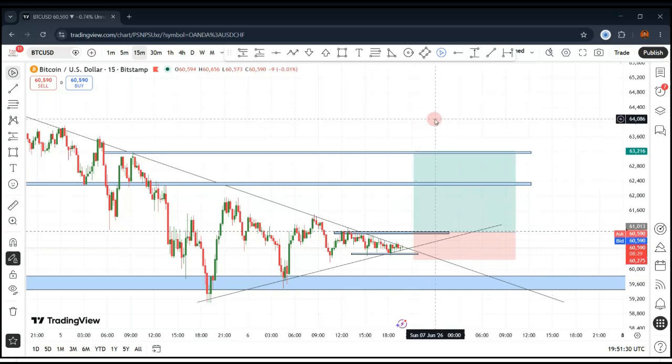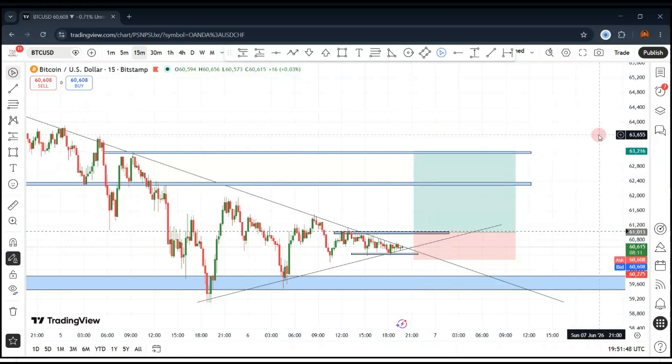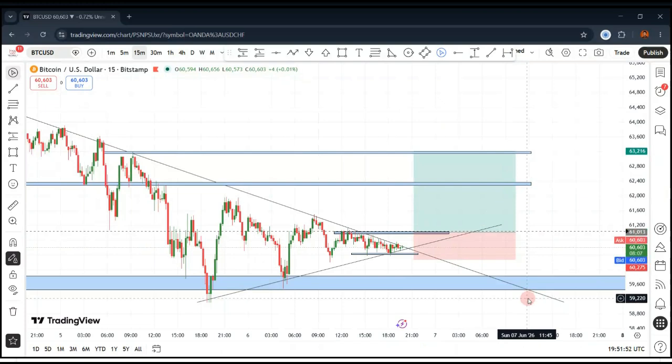So if the market breaks out from these points, my take profit will be $63,216 on BTC. My stop loss is 60,600, and my take profit is 63,216.